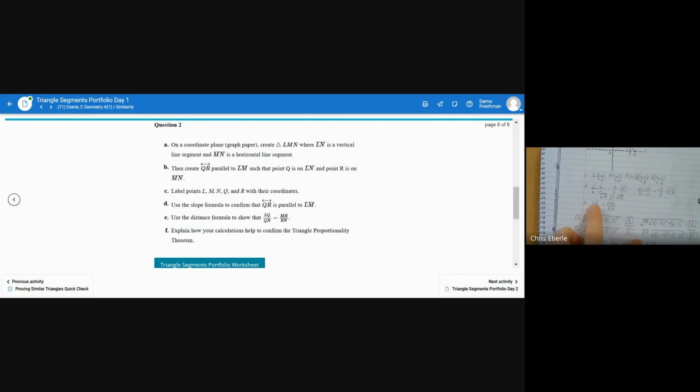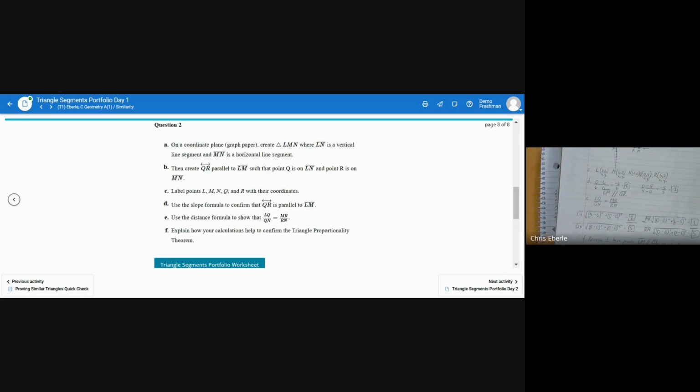All right. And then for part E, the next thing to do is to compare the distances. So I want to compare LQ to QN. I want to see the proportional relationship between these two. So I found the distance of LQ. Now, do you have to use a distance formula? I probably didn't have to. I could look at the graph and see that these are 1 apart, but I used the distance formula to show that.